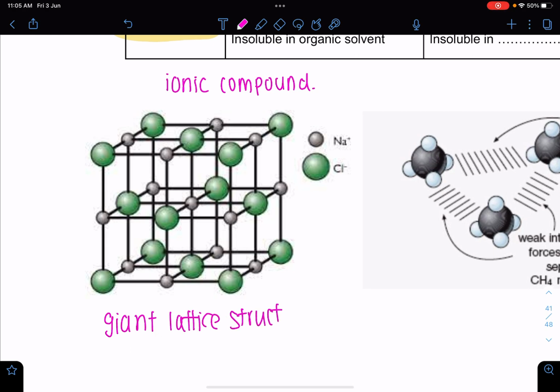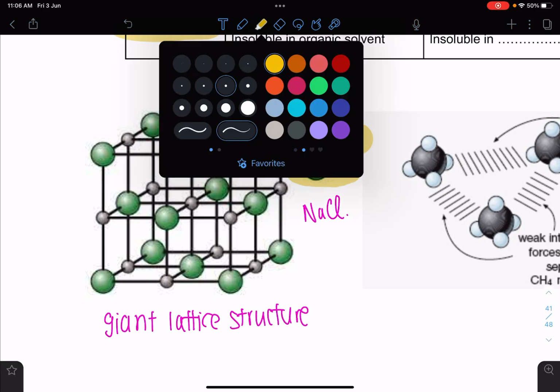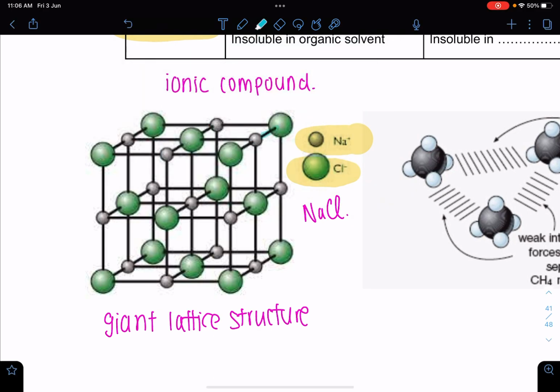If you look at the diagram, you would see this is trying to depict the ionic compound sodium chloride, where every sodium ion is bound to a chloride ion. And if you look at the type of bonding, the lines between all of these ions, these are very strong and these are all bolded lines, right?